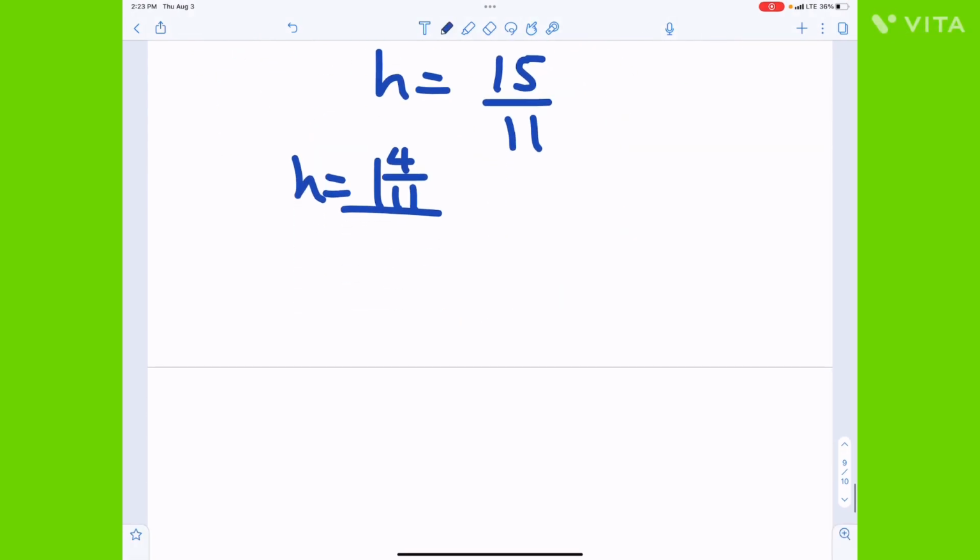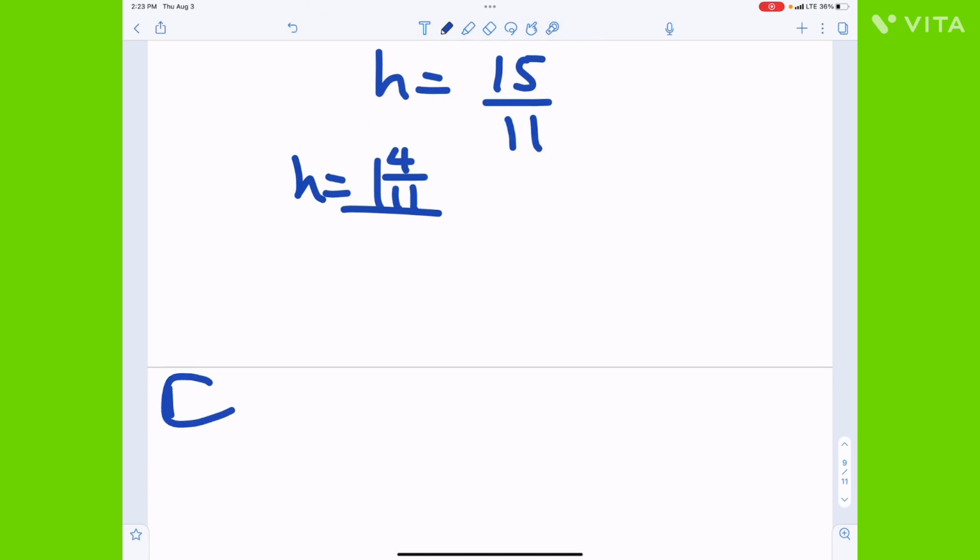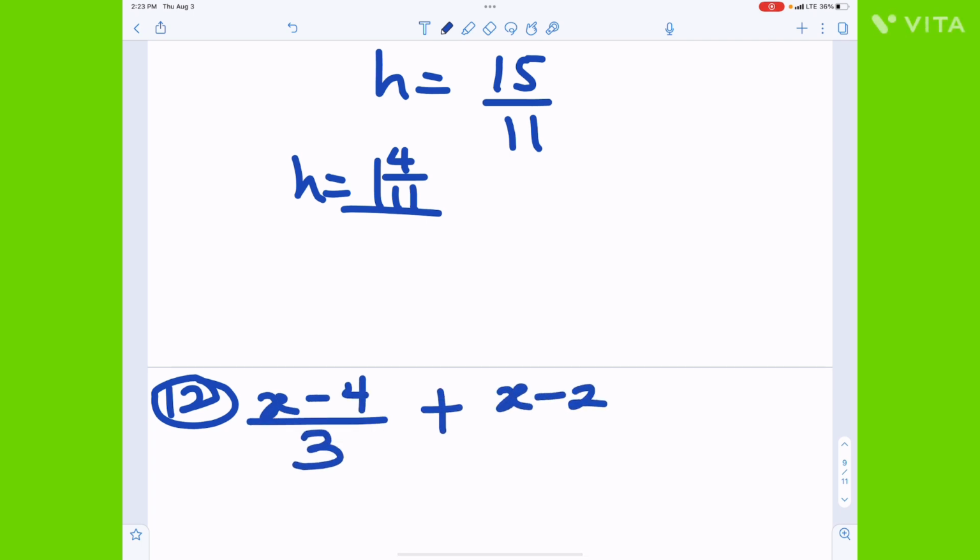Let's go to the next question. Next question is number 12. Question 12 says, I have x minus 4 over 3 plus x minus 2 over 5 is 14 over 3.